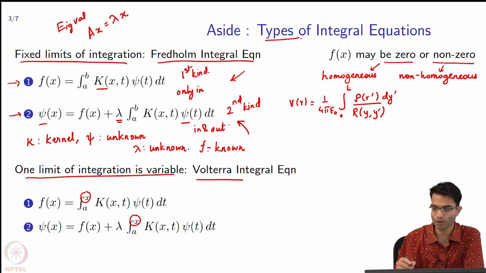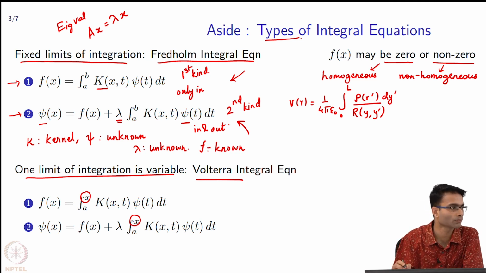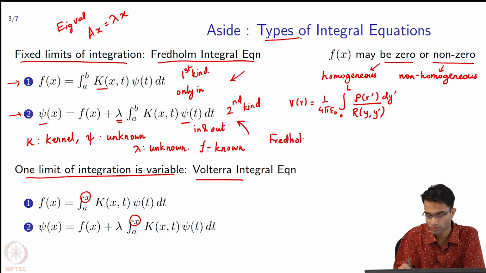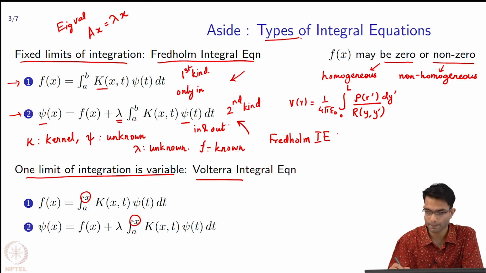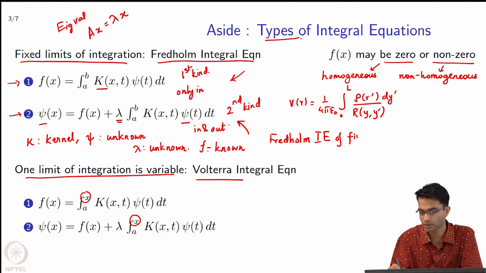So, what is the complete description of this integral equation? First of all, Fredholm, why not Volterra? Limits are known and fixed, right. So, it is a Fredholm integral equation, IE, of which kind? First kind, right. The unknown is appearing only inside the integral sign. In the second one, it is also outside, right. So, of the first kind.